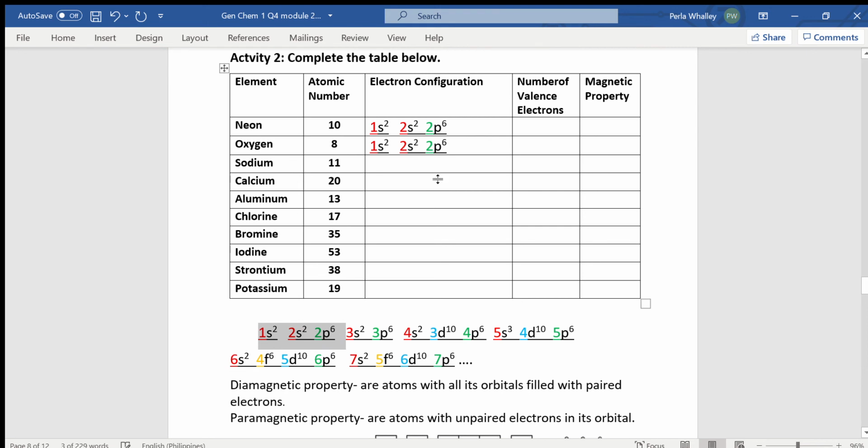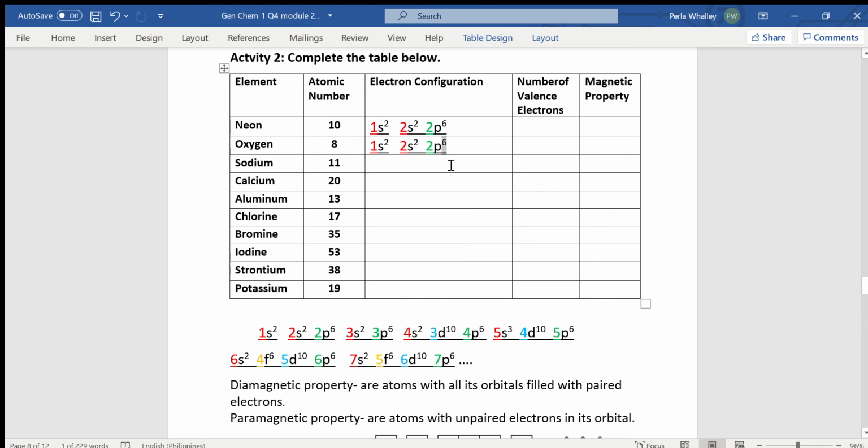So 10. How about oxygen, which has an atomic number of 8? We copy also here. But remember, if we copy, it is 10, so we need to change this 6 to a number which the total will become 10.